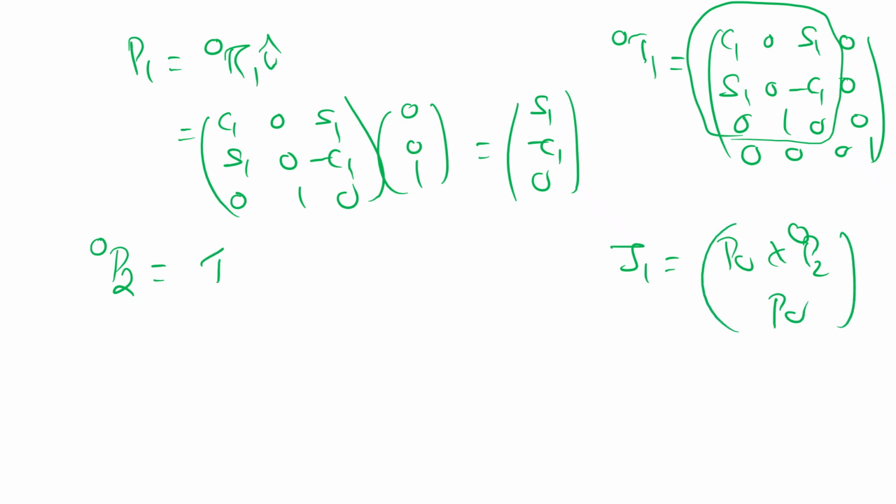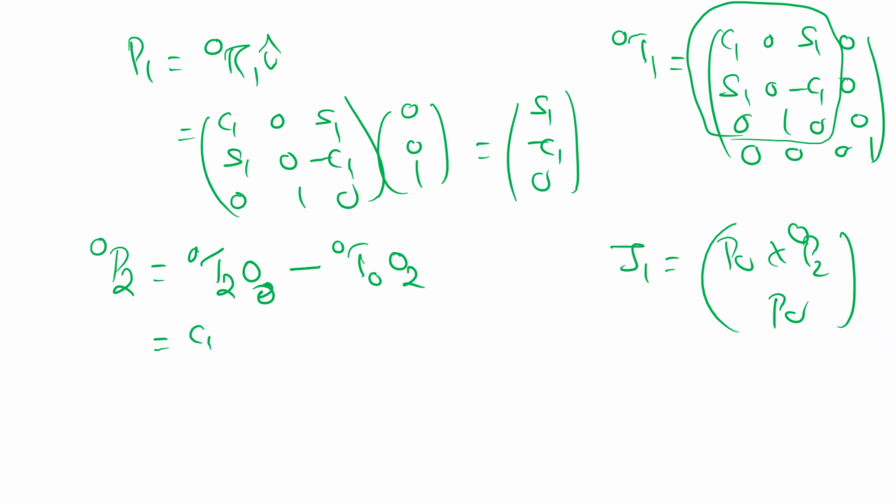P2 0 is T2 0 times the origin vector minus T0 times the origin vector.